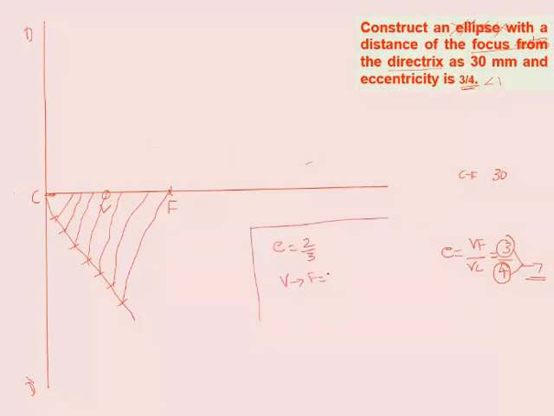How will you locate the V point and F point? Can someone answer this? Distance between vertex and focus is 10 mm. How to locate V point and F point? That's my question.